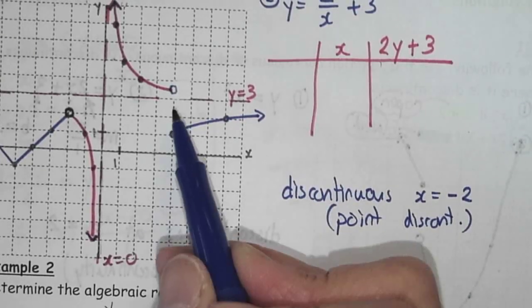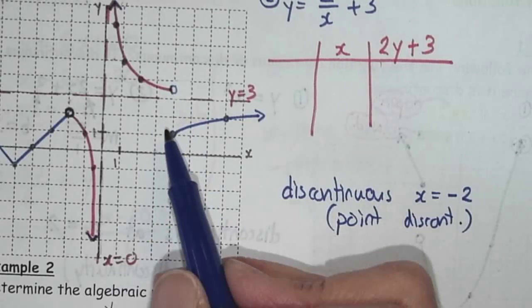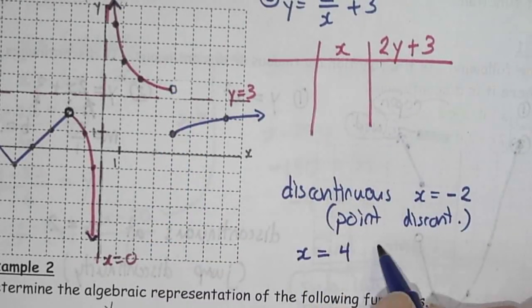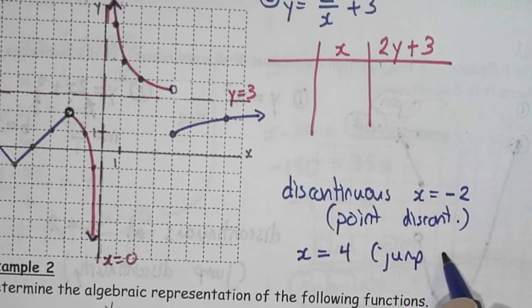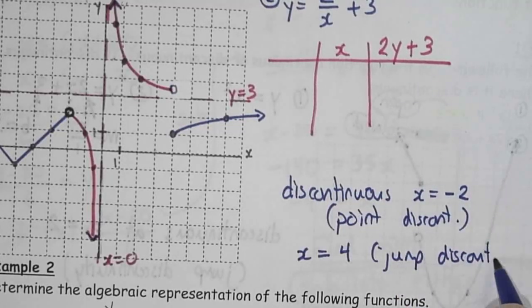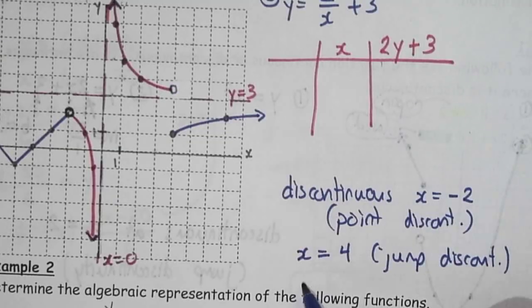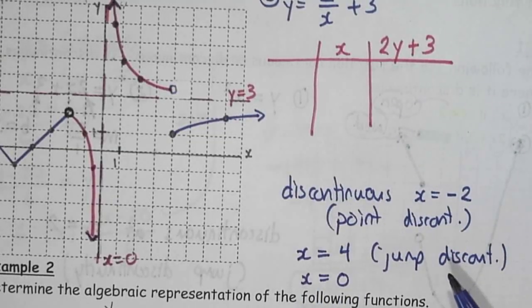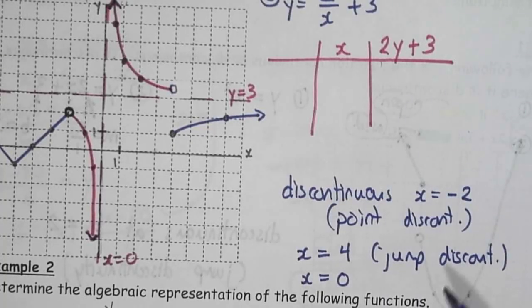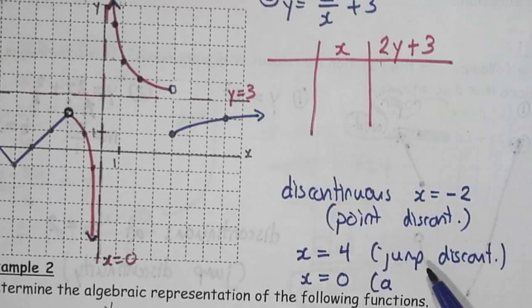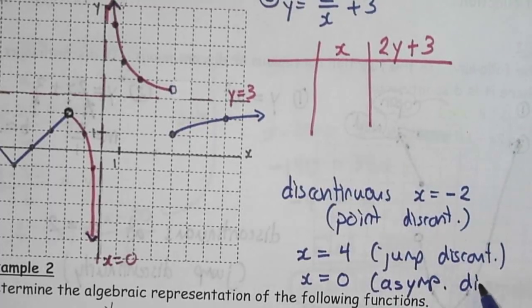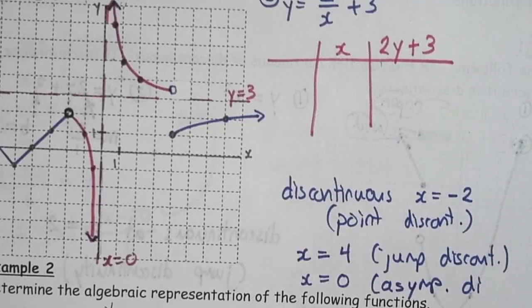Okay. And then here, that would be the jump. Right, so at x equals 4, and that would be a jump discontinuity. And at x equals 0, everyone forgets the asymptote. They're like, wait, oh, it's part of the graph, so you're so used to seeing it. That is an asymptotic or an infinite discontinuity.